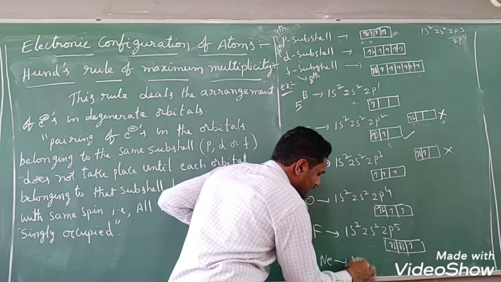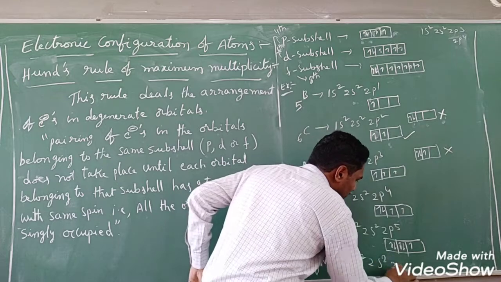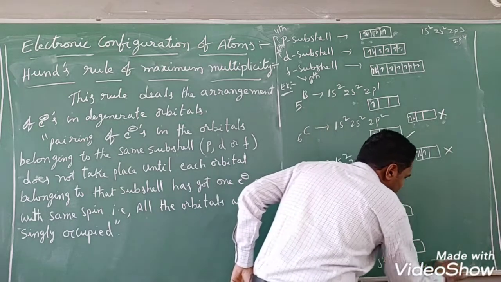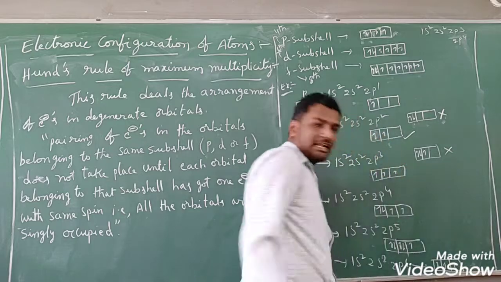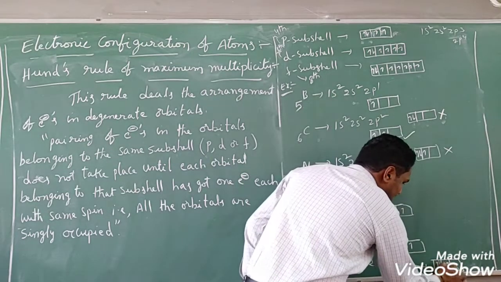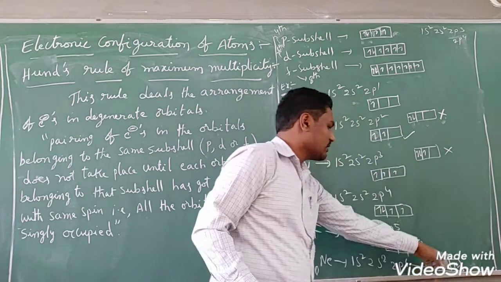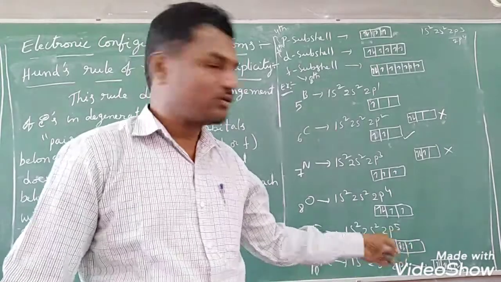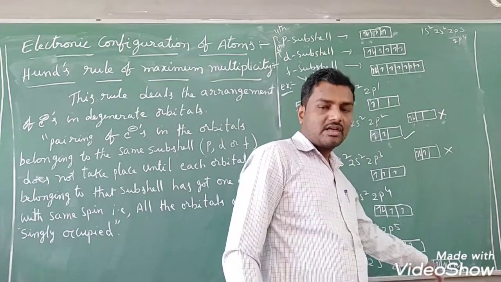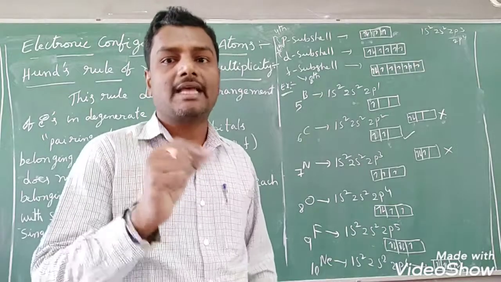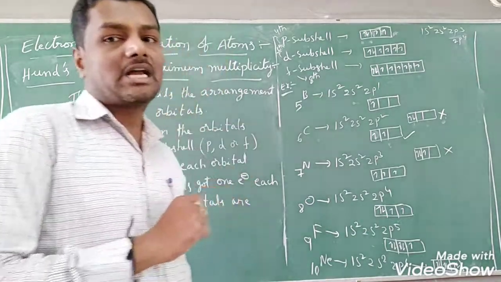Neon 10. So 1s2, 2s2, 2p6. This 2p6 I am drawing here, you see that. In each orbital, first you should enter 1 electron, and then pairing takes place. Still 3 more electrons are there. So all the 2p orbitals are filled with 2 electrons. Here there is no unpaired electron. So like this we have to arrange the electrons in the case of degenerate orbitals, students.